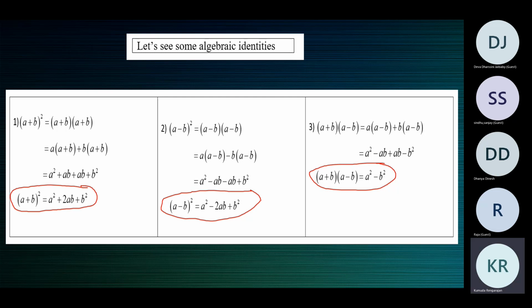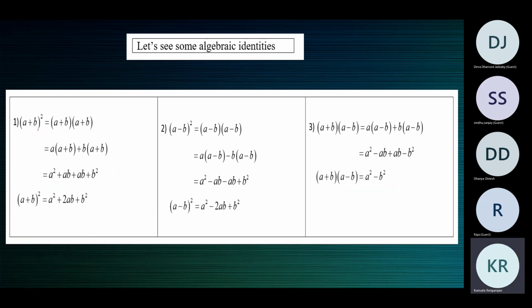Is that fine, children? You don't have to say all this. If you're asked about the identities, simply say this is one identity. There's no order. This can be the first one, second one, third one, any order. These are the identities. All right.